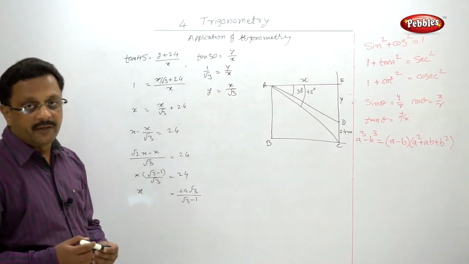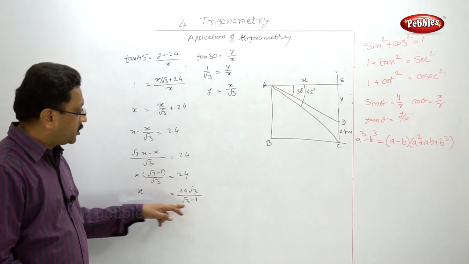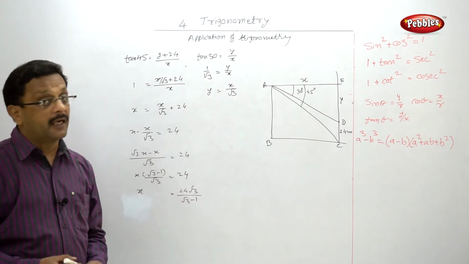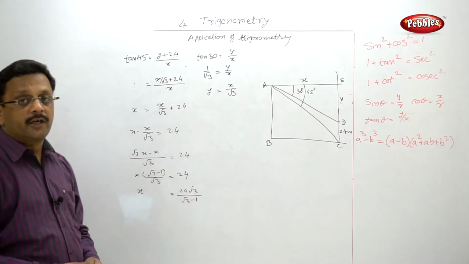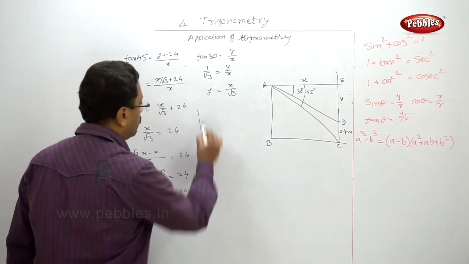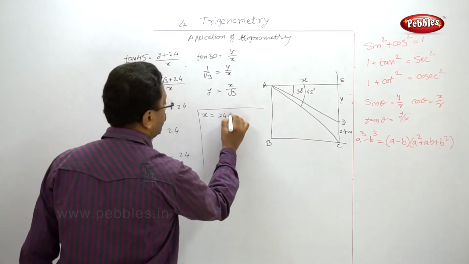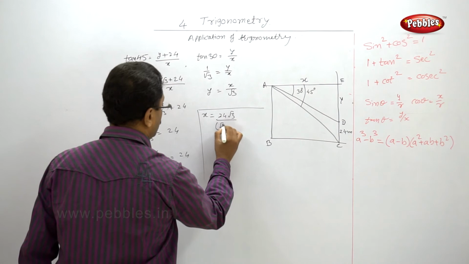The first method is very simple. 24 into 1.73 upon 1.73 minus 1, that is 0.73. But the calculation is tricky. So let us try to rationalize or simplify this first. So we have x equal to 24 root 3 upon root 3 minus 1.